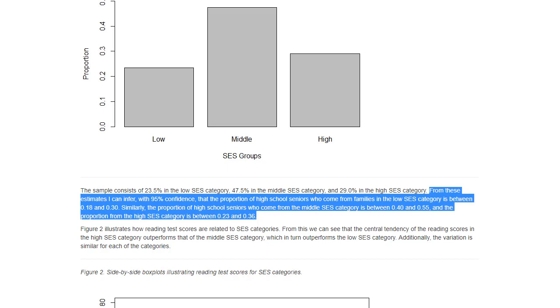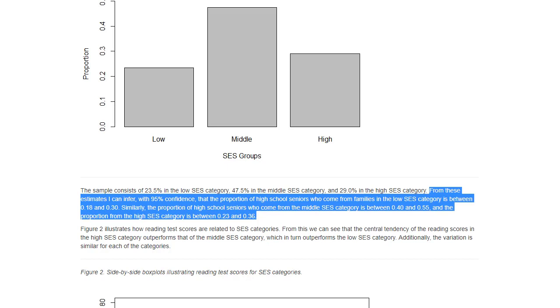Remember that standard error is simply the estimate of the standard deviation of the statistic. Once we have the standard error, then we also have to take into account the probability based upon how confident we want to be. For higher levels of confidence, we're going to have a wider confidence interval, that is, a larger margin of error. If we're willing to have lower confidence, then we can have a narrower confidence interval with a smaller margin of error.